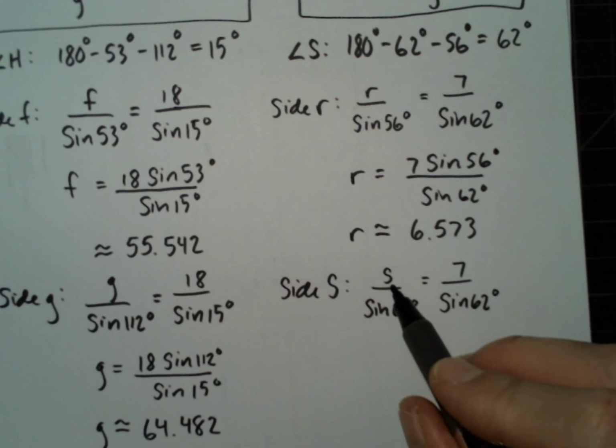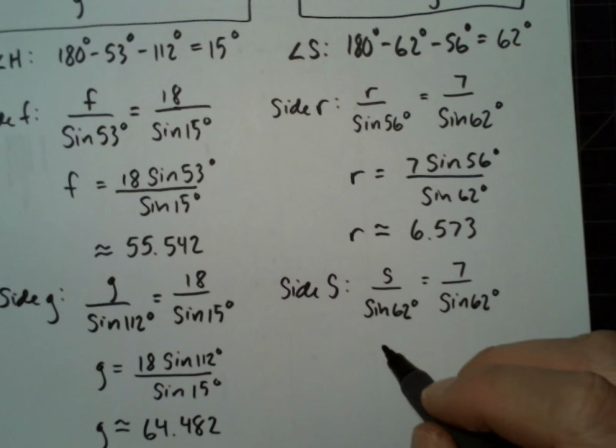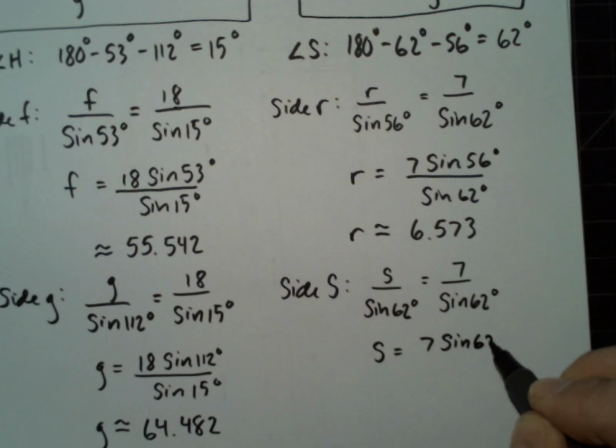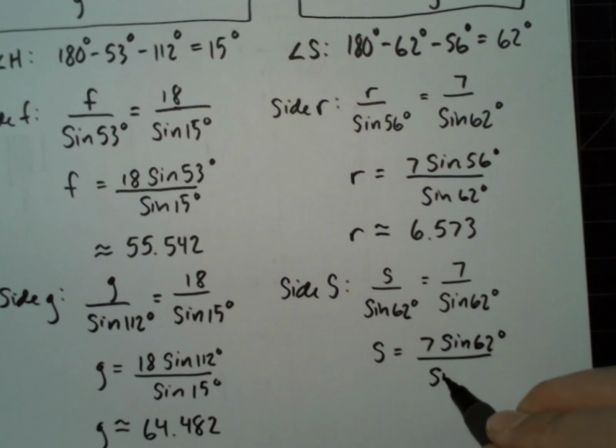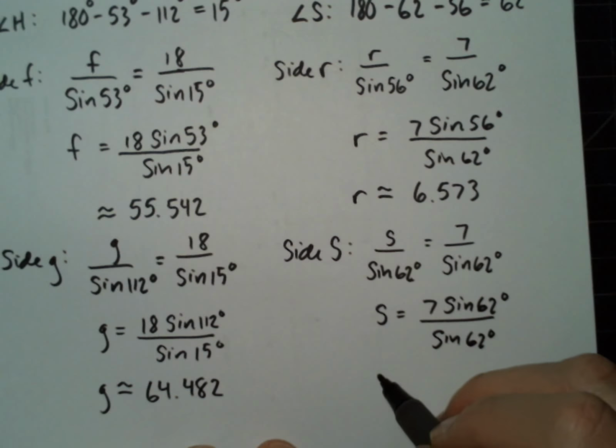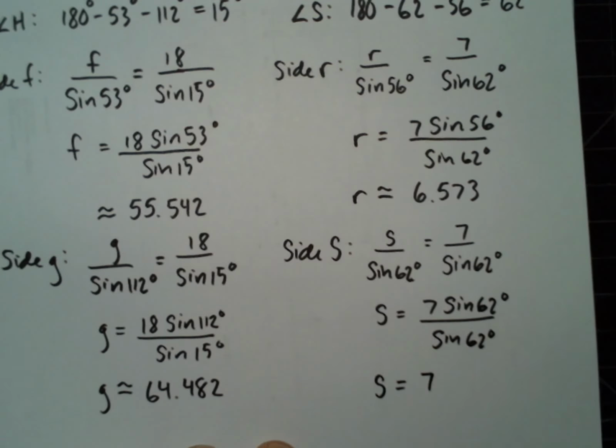You can see that S is going to be 7 because the denominators are equal, but we can go ahead and show the work. Multiply both sides by sine 62, and we get 7.